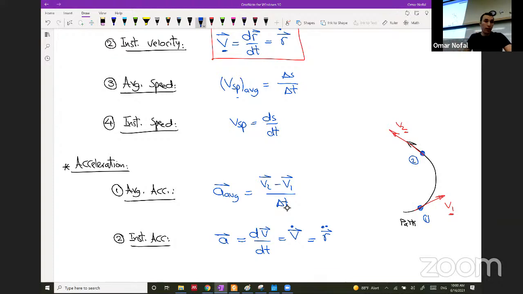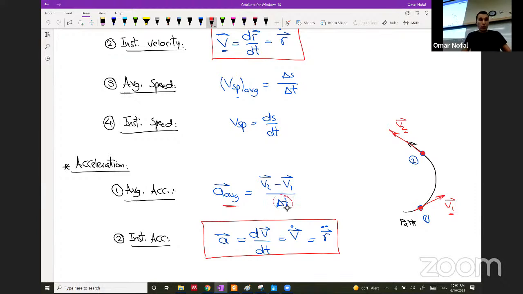So this is most of the equations, and we will mostly use this one. But sometimes you might be asked for the average acceleration, so you will have to know the velocity where the particle starts and the velocity where the particle ends in terms of vectors, and then subtract the final velocity minus the initial velocity and divide over t.